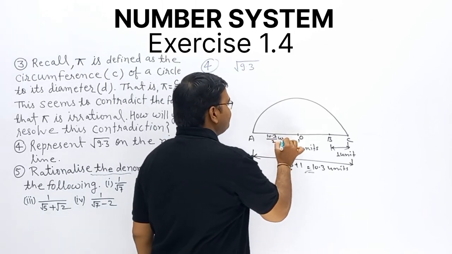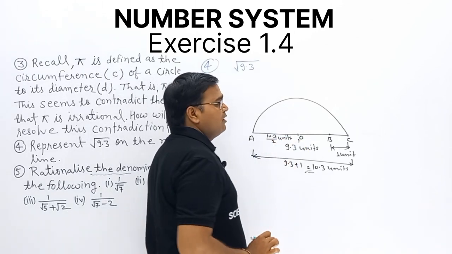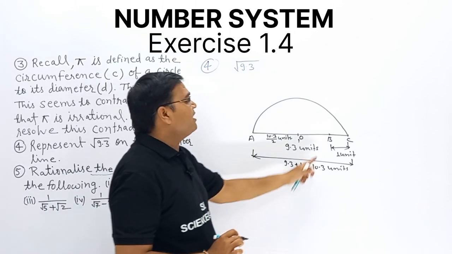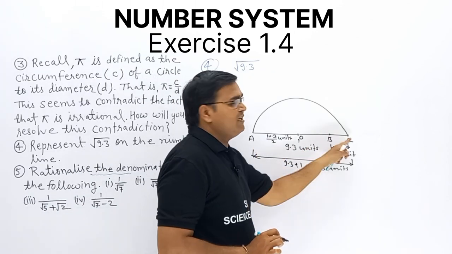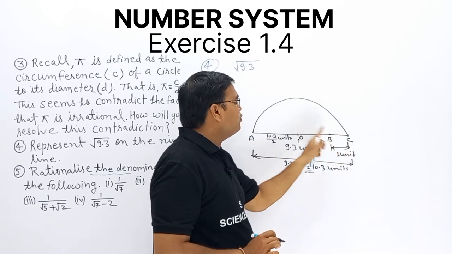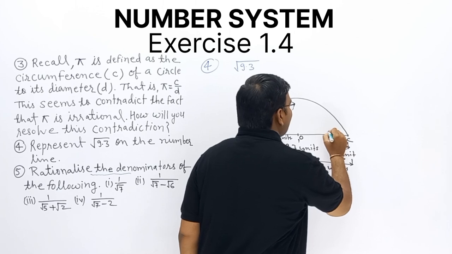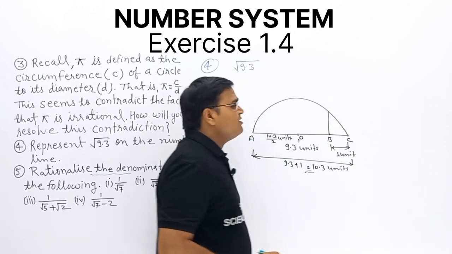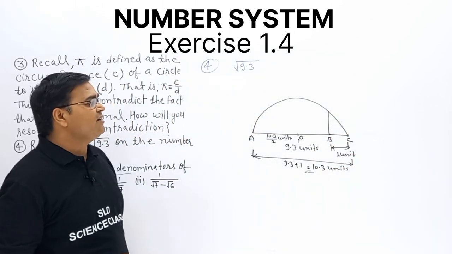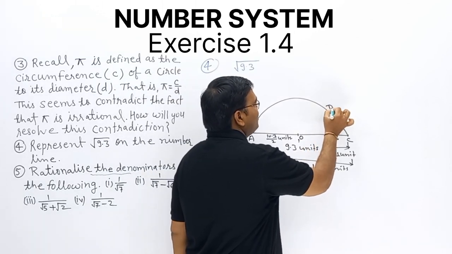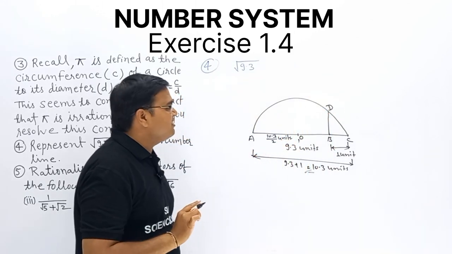And then what we will do: draw a perpendicular line on AC at B. यहाँ पर हमने एक परपेंडिकुलर लाइन डाली. परपेंडिकुलर मीन्स 90 डिग्री. हमने एक 90 डिग्री लाइन डाली and we get a point D. Again I am revising.